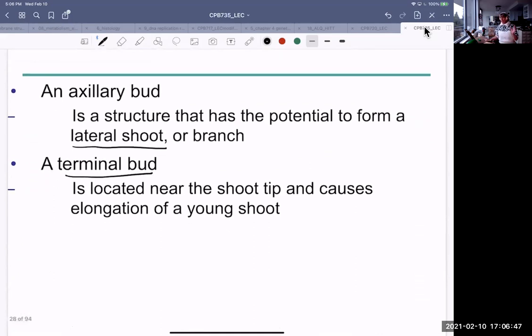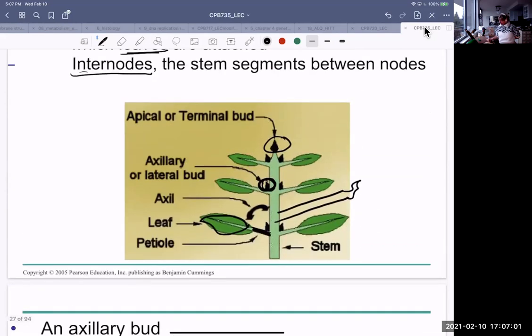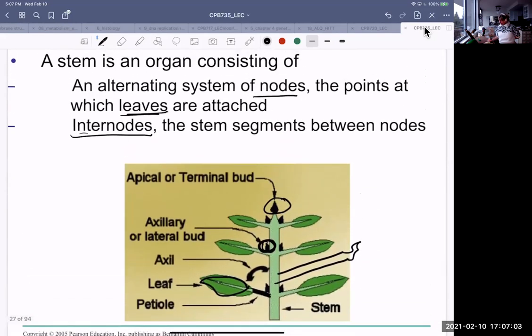We're going to do this in a subsequent lecture about plant responses and hormones, but I'll just tell you right now that the terminal buds have a hormone that can suppress the axillary buds.